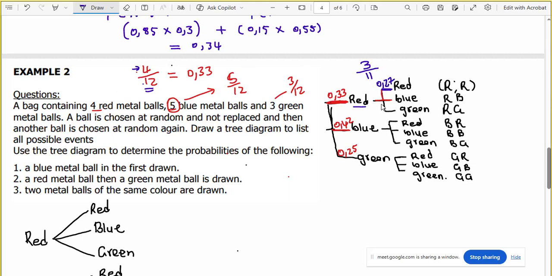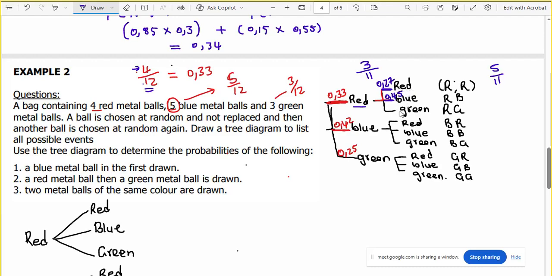Are you following? Yes. Then for blue, we still have 5 blue because in the first event we picked a red. But we still have 5 out of what? It's no longer 12 because in the first event we took 1 ball, which was red. So that will be 5 over 11, which gives you 0.45. You understand? Yes.